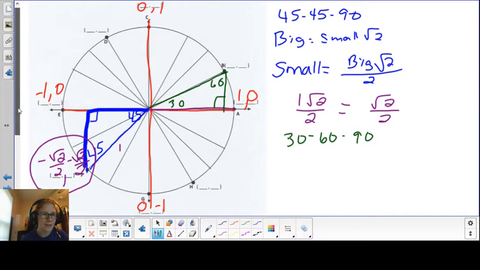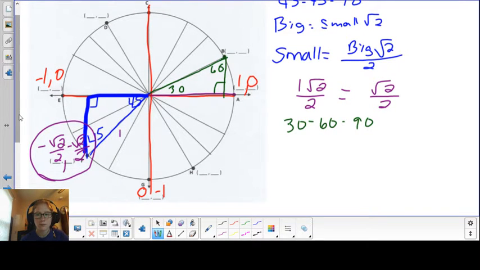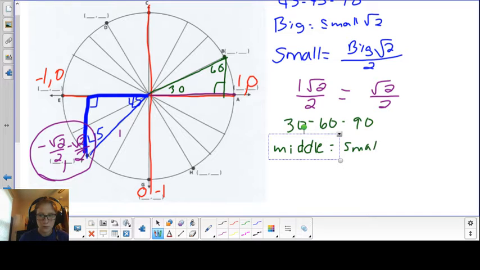So if I have that small side, and I'm looking for my 60, we're going to call it the middle, because 60 is my middle. If we're looking for the middle, we're going to take that small side, and we're going to multiply it by the square root of 3 in this case. It's a different number.